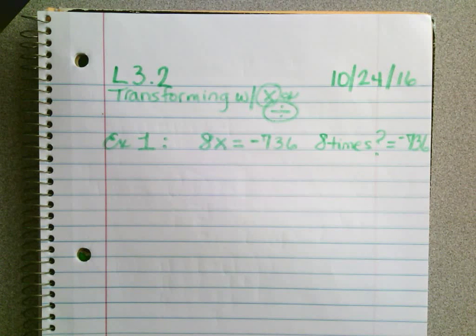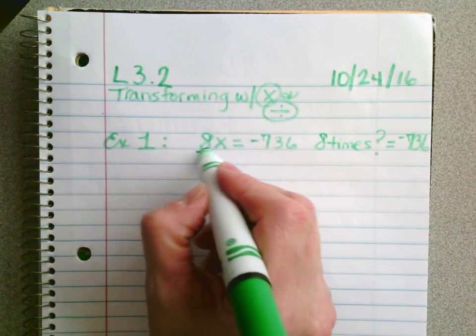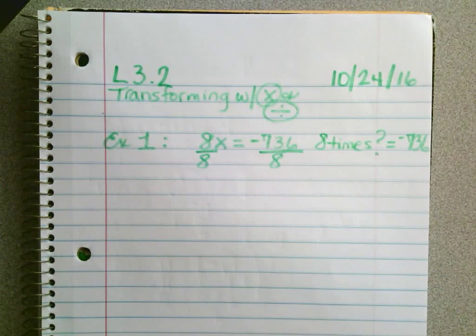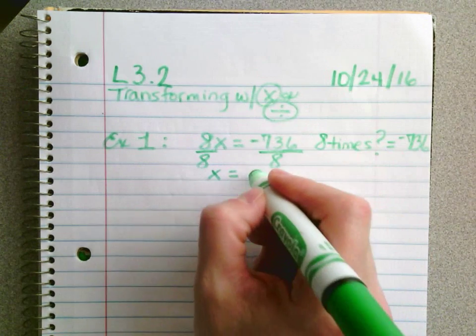Whenever you have a multiplication problem missing a factor, x being the factor that we're missing, you divide by the one you know. Divide by the one you know, leaving us with whatever the result of negative 736 divided by 8 is. Negative 92 is right.